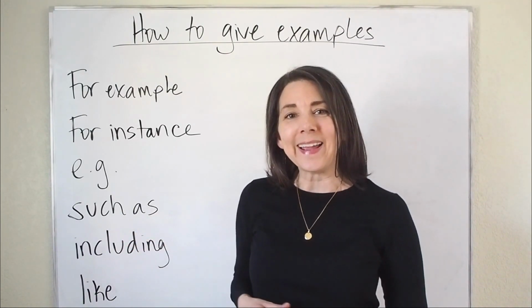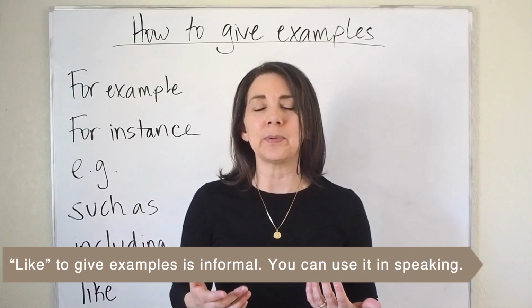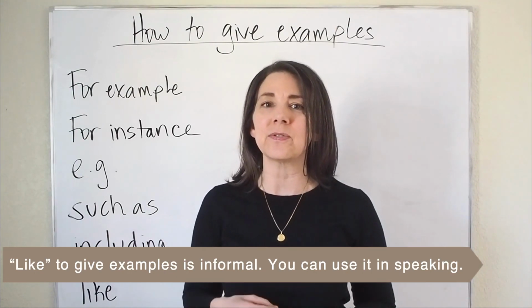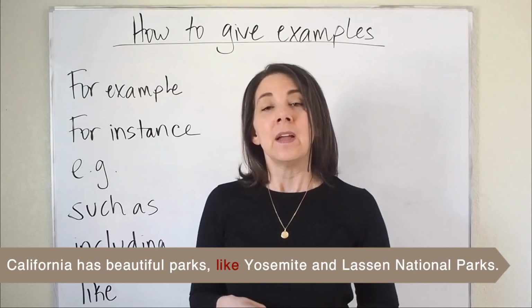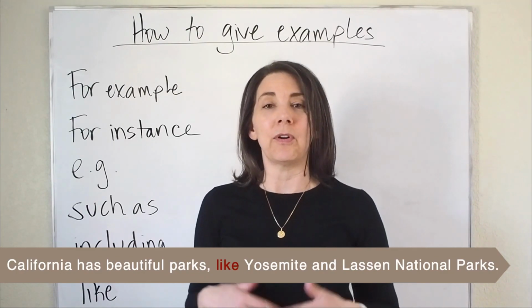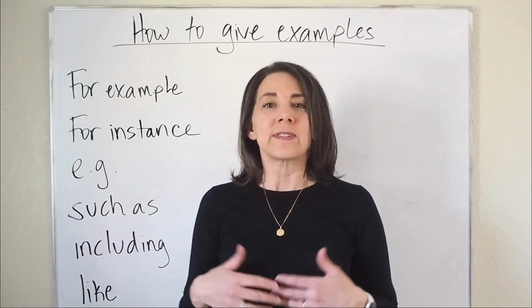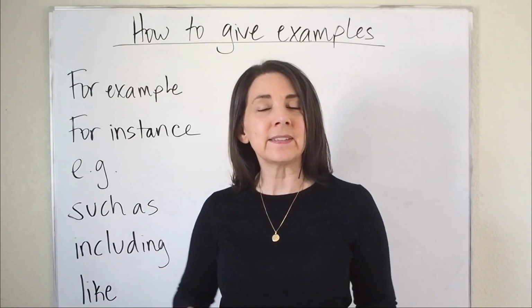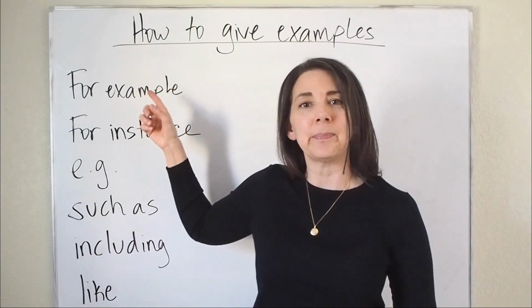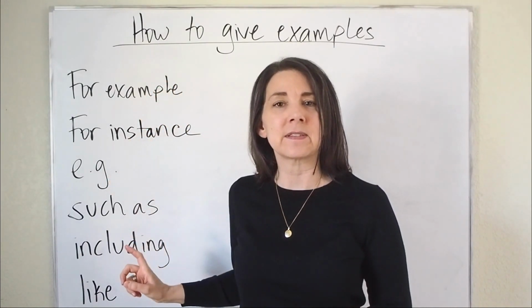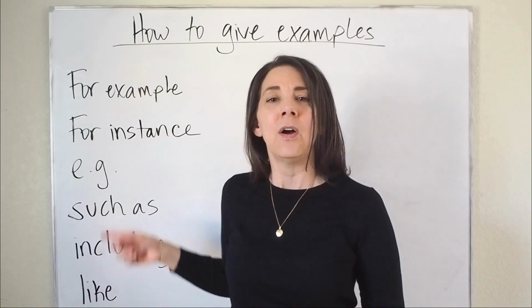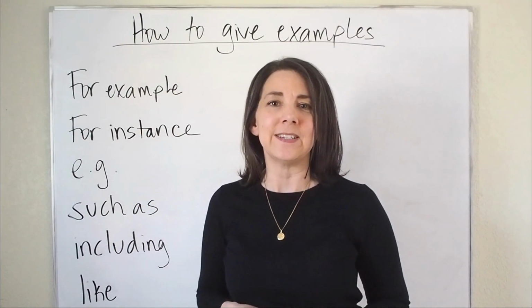And then the word like is a word that we use to give examples in speaking, but we don't use it in formal writing. So if you're writing an essay or a report or a formal letter or something more serious, then you're going to use for example, for instance, such as, including, or maybe the abbreviation e.g.